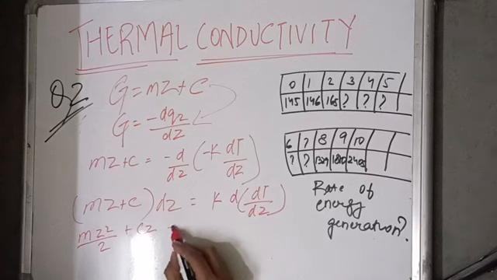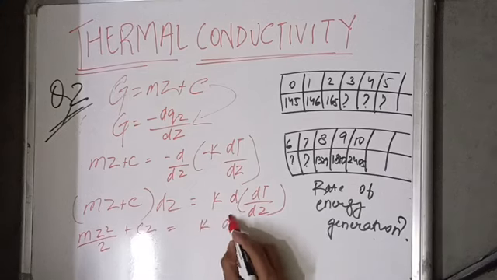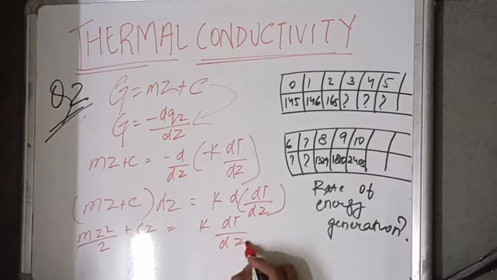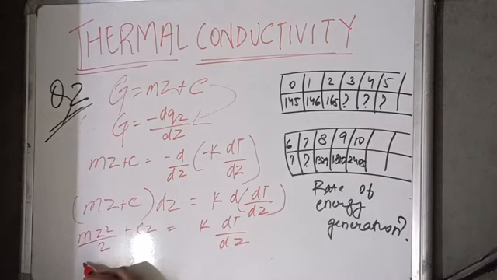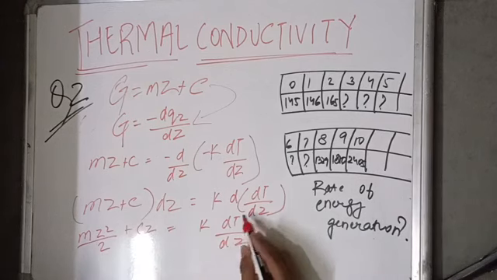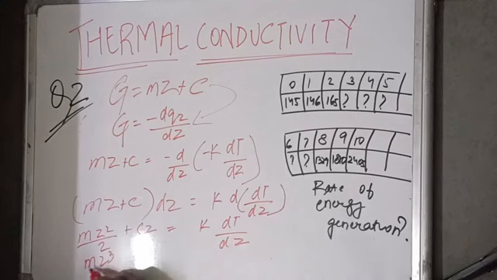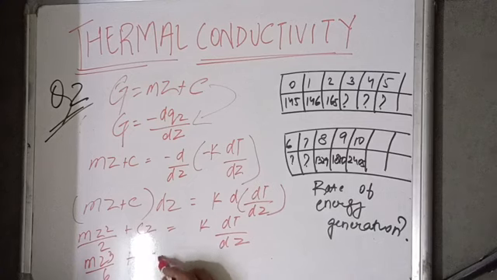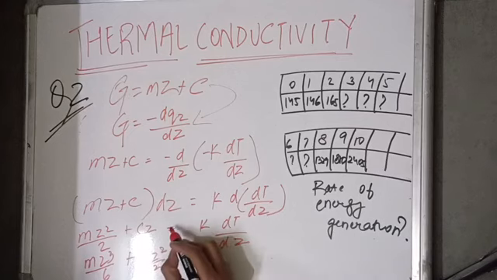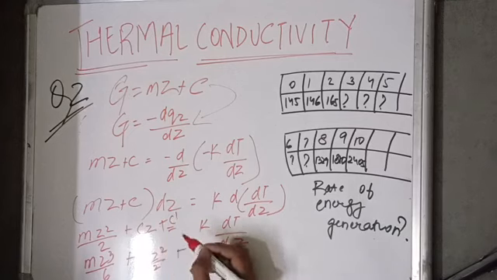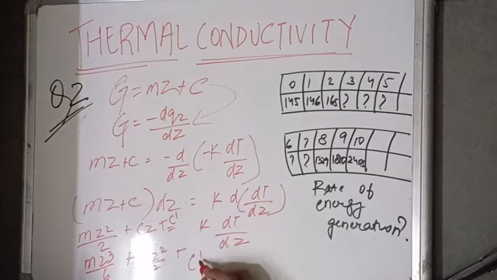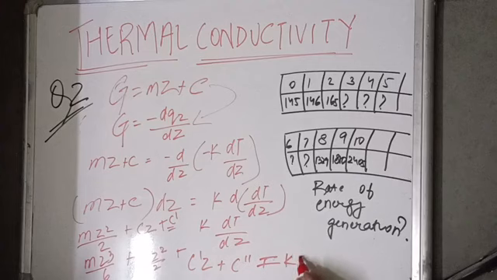Integrating with respect to z, we got this dt by dz. Again integrating with respect to z to eliminate the differentiation term, we got mz cube by 6, cz square by 2, plus, here I forgot the integrating constant, plus c dash z plus c double dash equals kt.